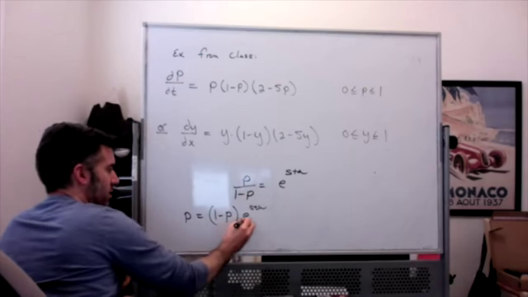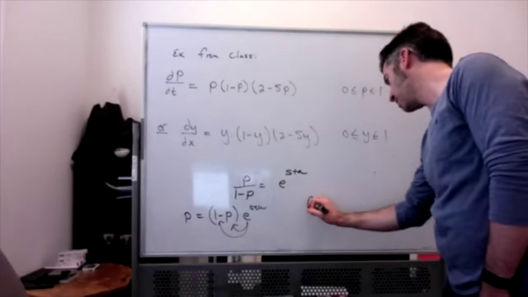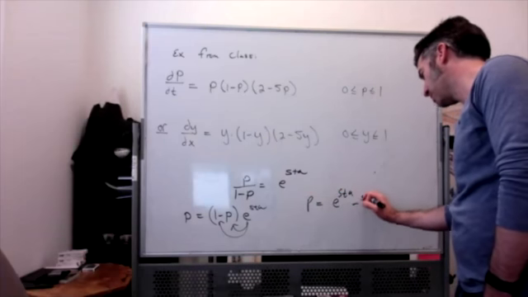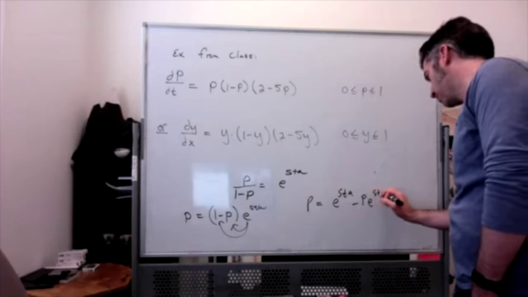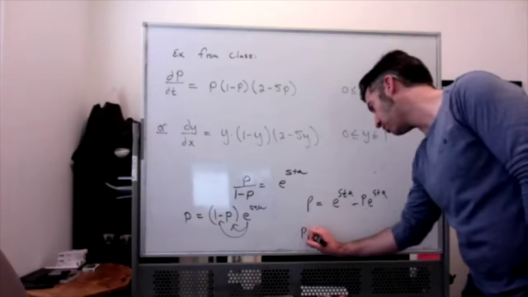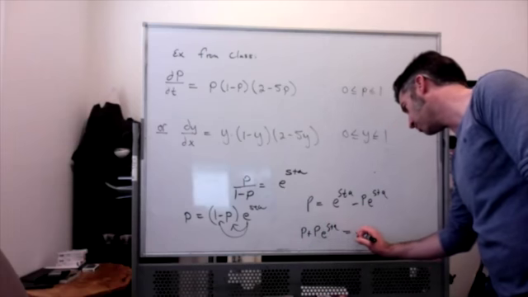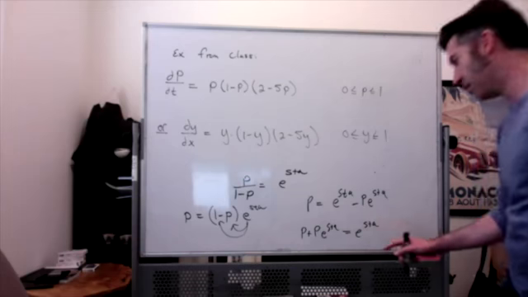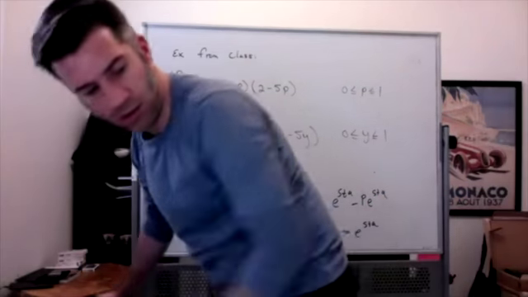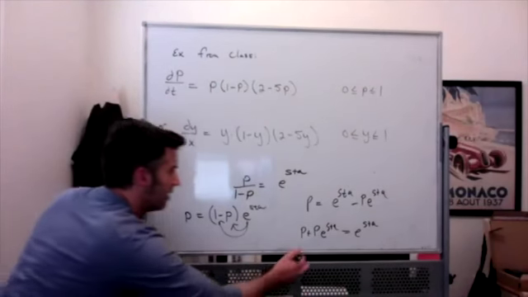Distribute this. So then you've got p equal to e to the whatever minus p times e to the whatever. Add this back over here, so p plus p times e to the whatever equals e to the whatever. And then factor out the p.